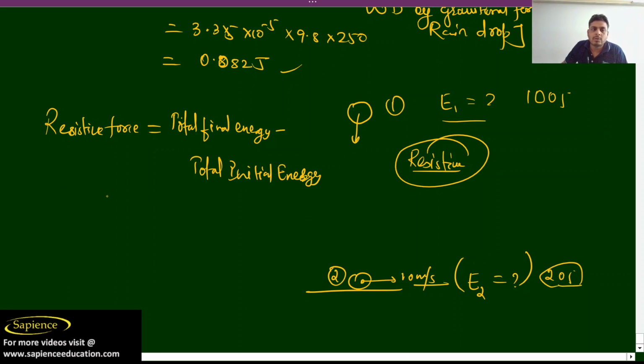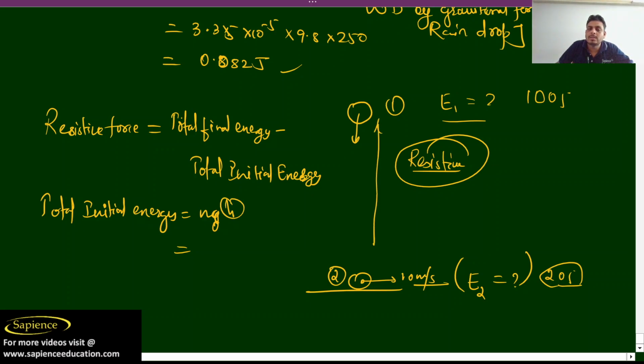First of all, how will you find total final energy or total initial energy? Let us talk about total initial energy. Total initial energy of the raindrop is equal to mgh. So h is what? Total height. Total height is 500 meter.